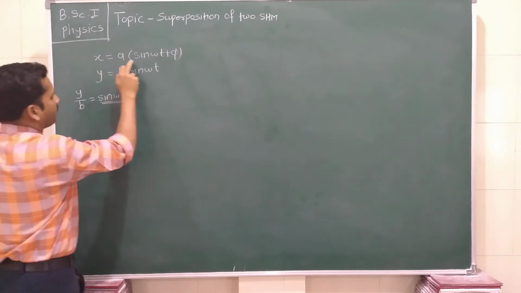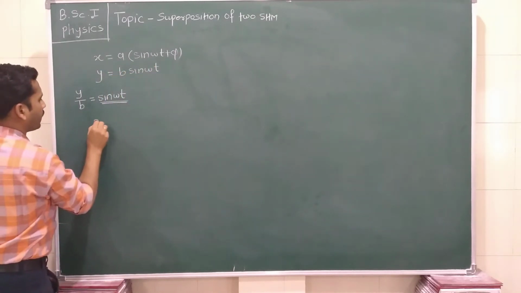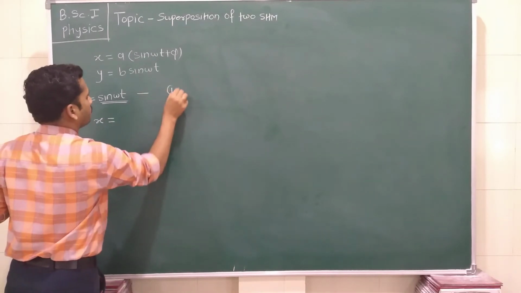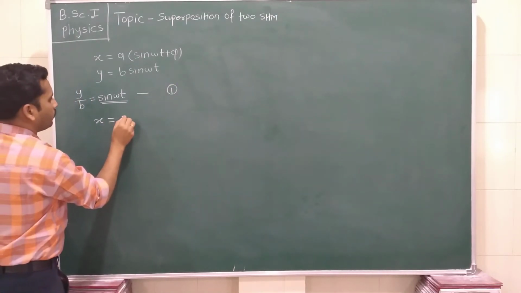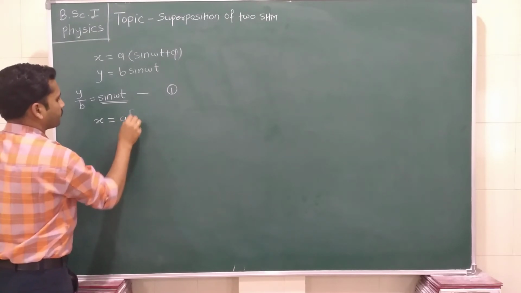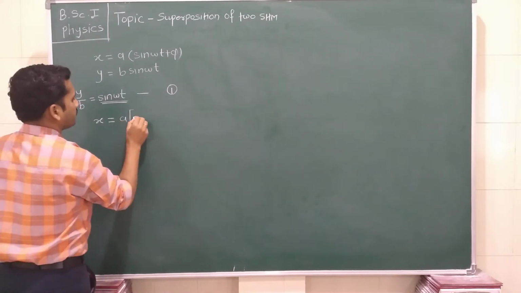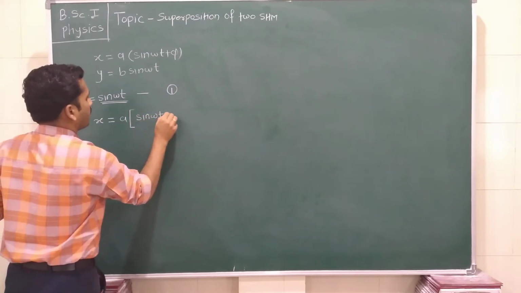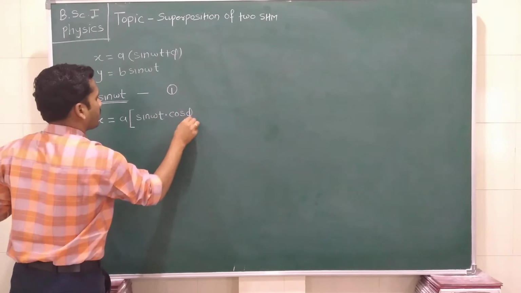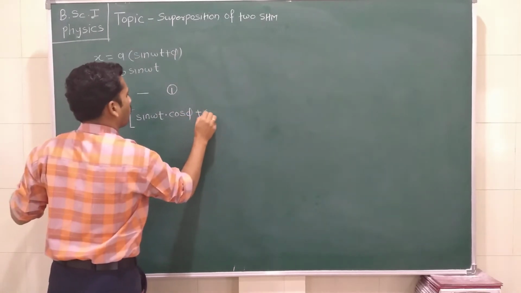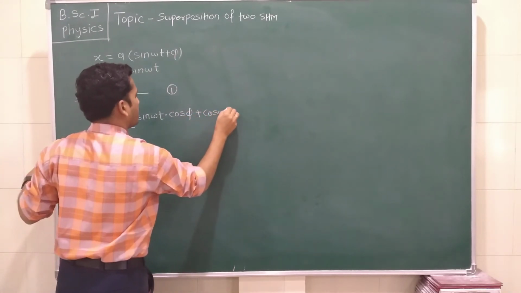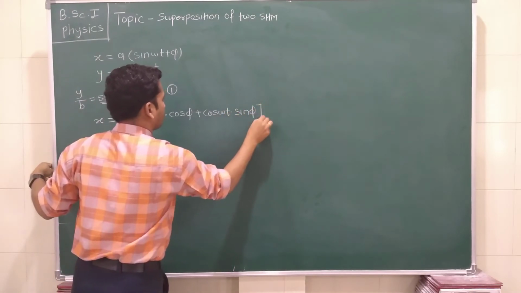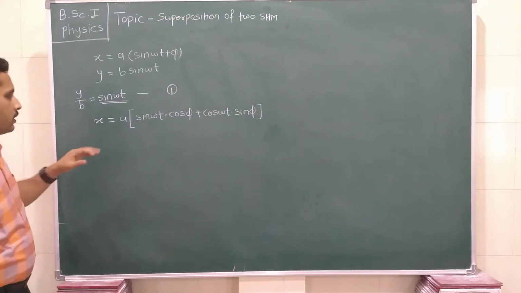Now we expand this term, therefore we can write, giving this equation number 1, x is equal to a into sine omega t cos phi plus cos omega t sin phi. So this is the expansion.